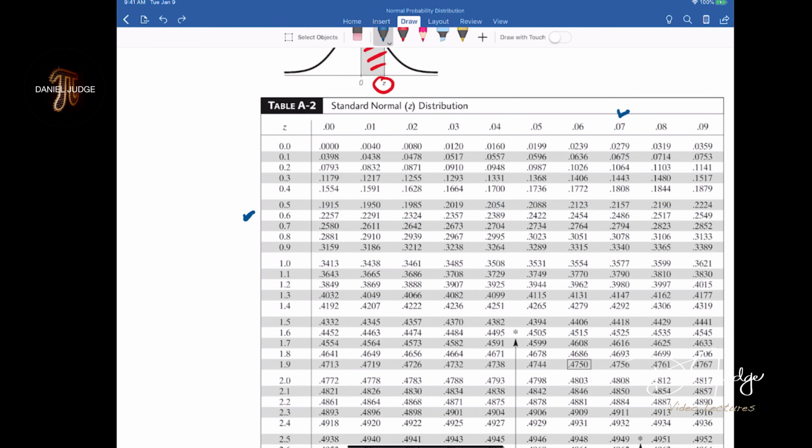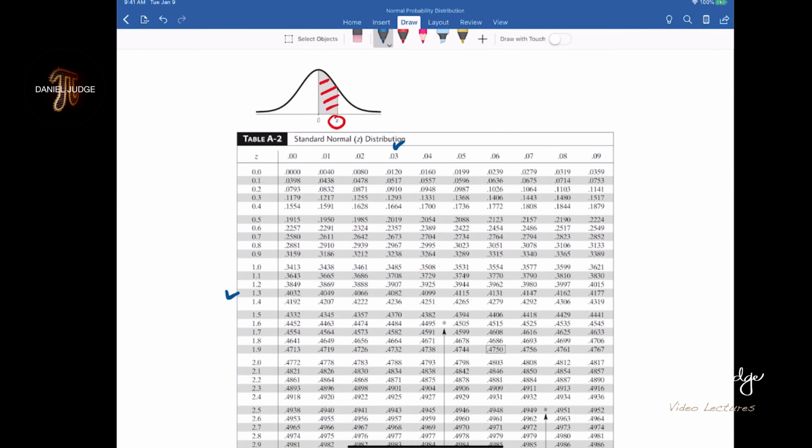And then I have to go to 1.33. Boy, I really wish I knew what page that was on. 1.33. There we go. 1.33 now. 1.3 row, 0.03 column.